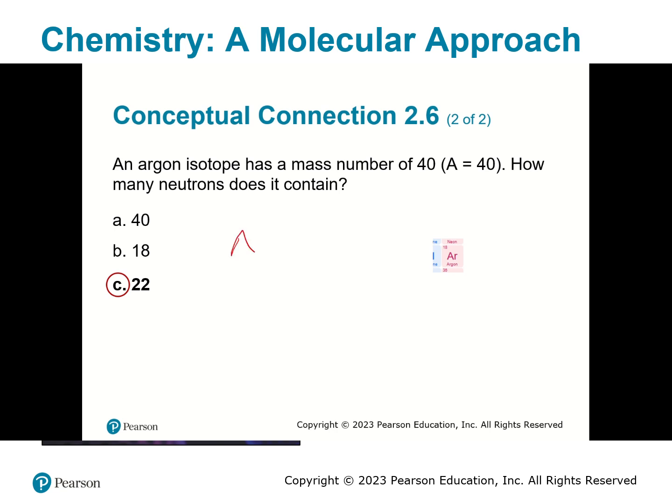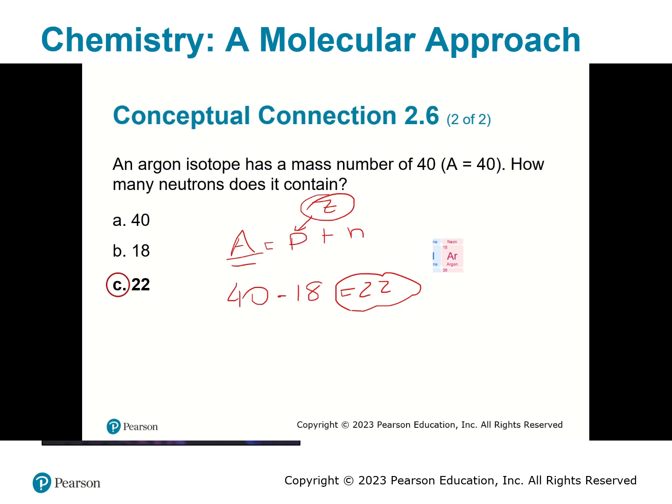If you know the mass is protons plus neutrons, you can take 40, which is the mass, minus 18, which is the protons, the same number as the atomic number. We're going to have 22. Pretty easy, right?